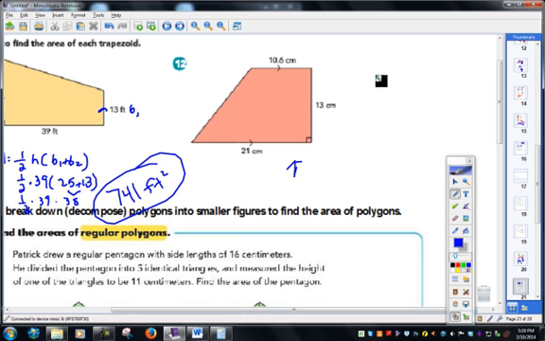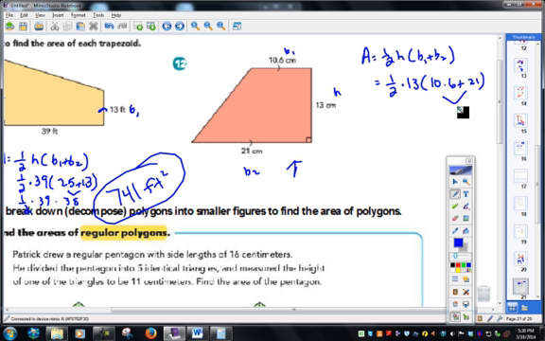Okay? You know that this is your base 1, this is your base 2, and here's your height. Okay? I know that the formula is area equals 1/2 the height times base 1 plus base 2. Okay? Now we plug in 1/2 times 13 times 10.6 plus 21.